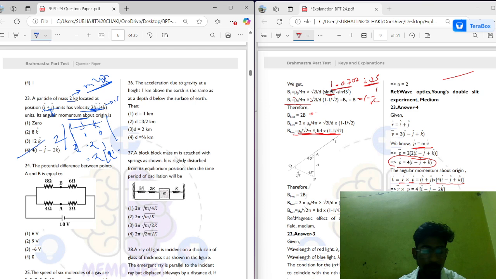The potential difference between the points A and B. If you take the ratio of this, 8 by 4 means 1 by 2, and this is 1 by 2.